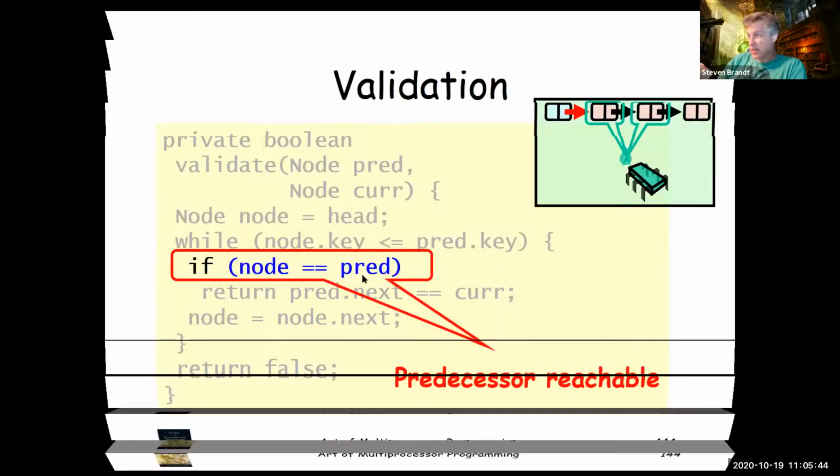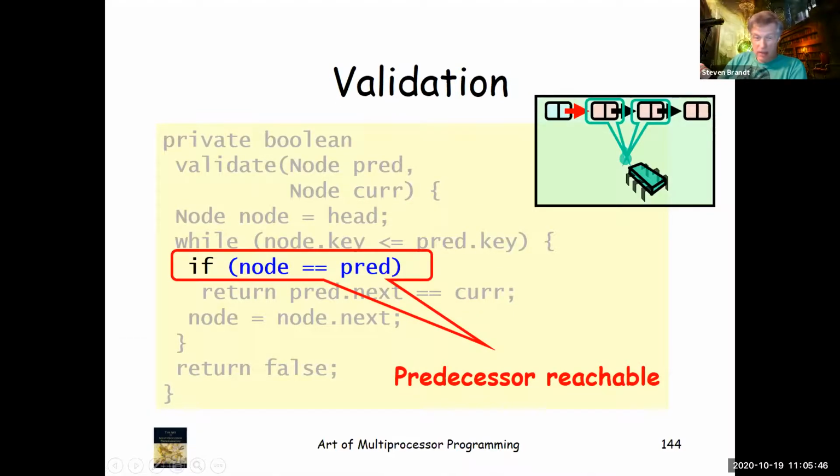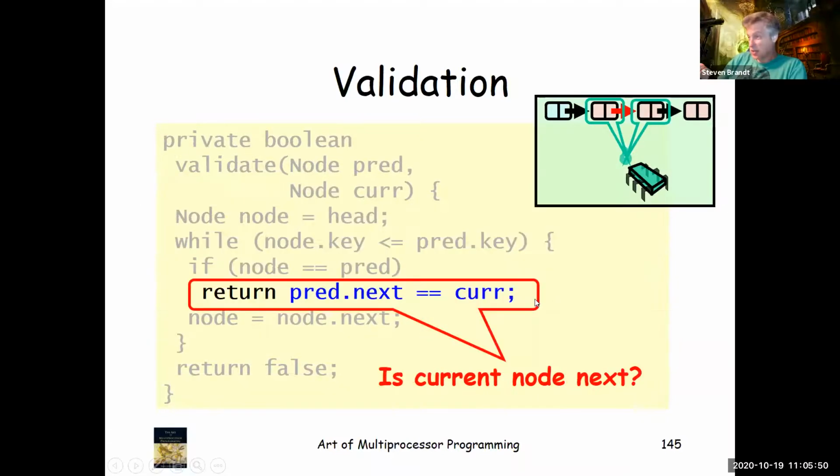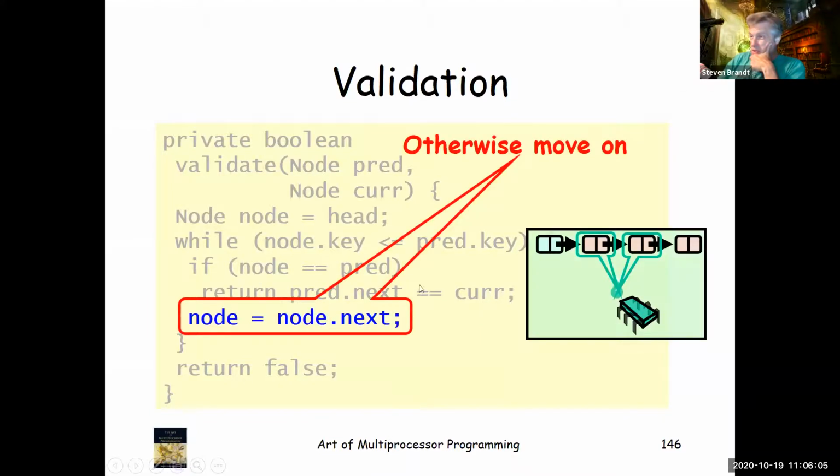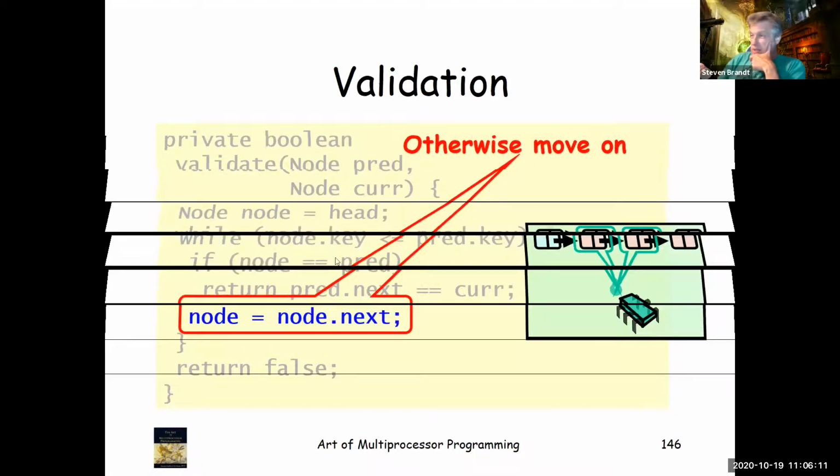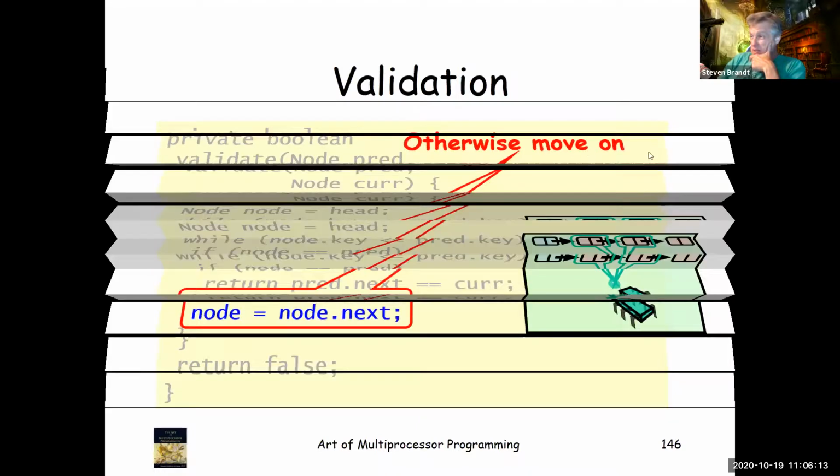If the node is equal to the predecessor, and if the predecessor's next is equal to the current, that means we found the pair of nodes, and it's going to return true. Otherwise, we're going to move on to the next node. And if we don't find it, we're going to return false. The predecessor is not reachable.